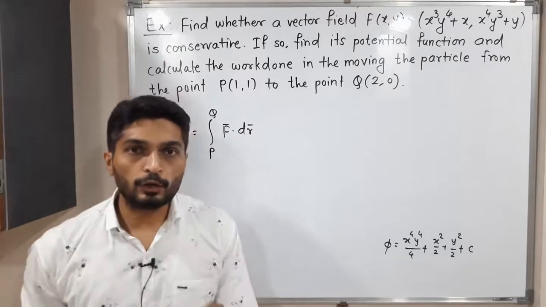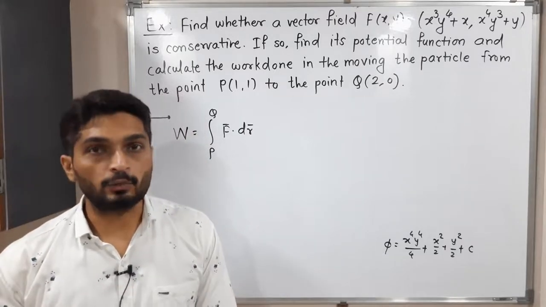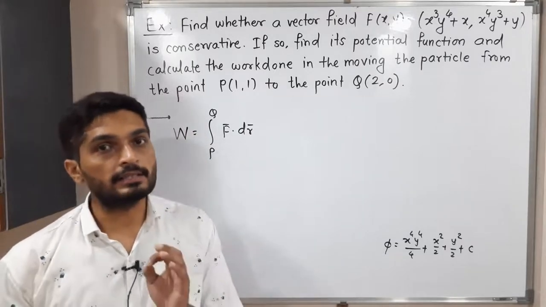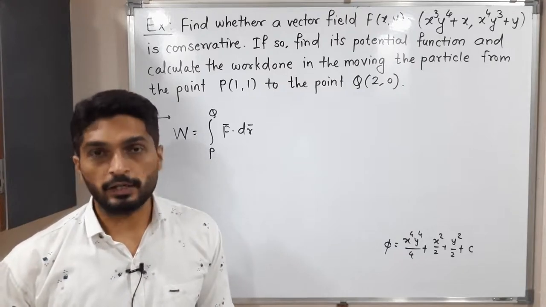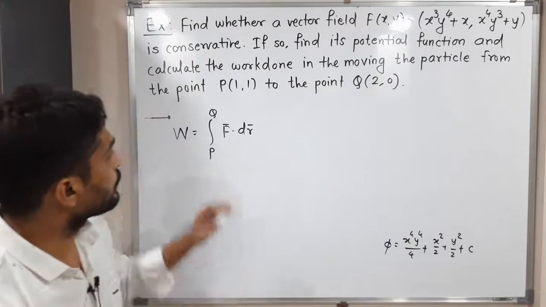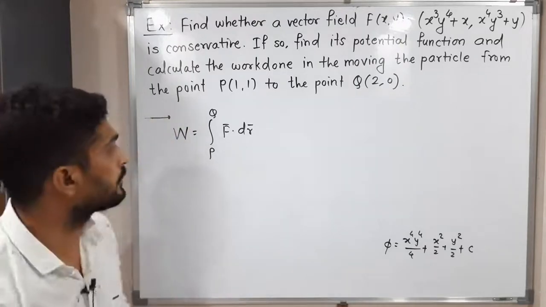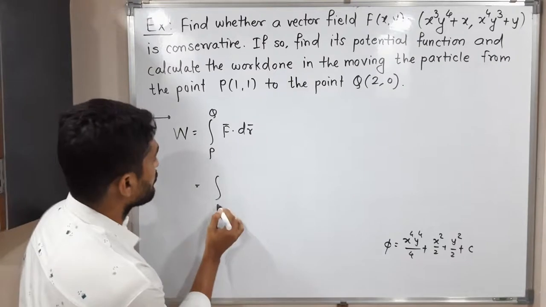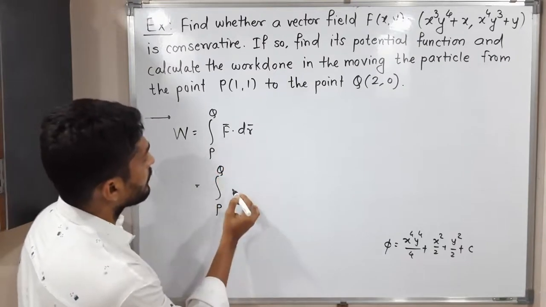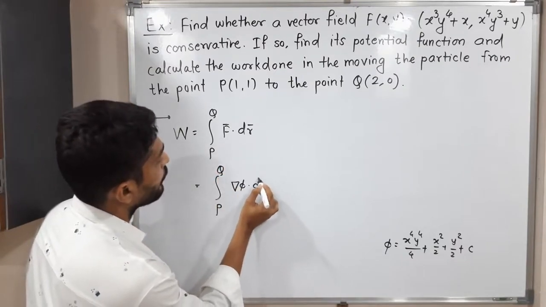See, initially we have already proved F bar is conservative. That means the line integral of F is independent of path. It depends only on endpoints. So the value of W depends on points P and Q. So let us go further. This is equal to integration from P to Q, F bar. Already we have proved it is del phi dot dr bar.